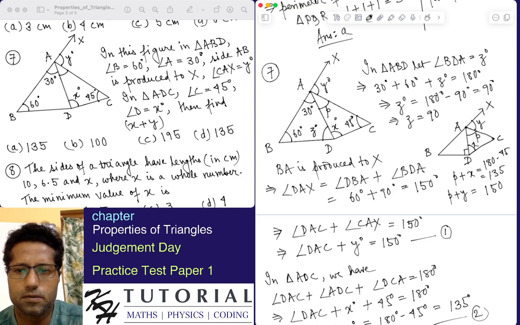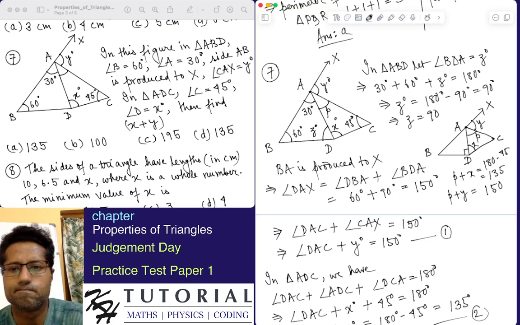Now if it is 90 degree, 60, 30, Y plus P is 150 degree. Okay. What else can we have?